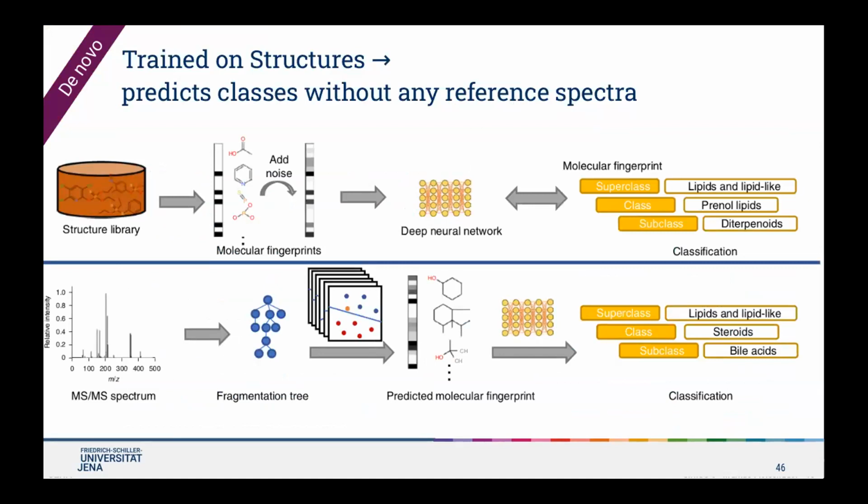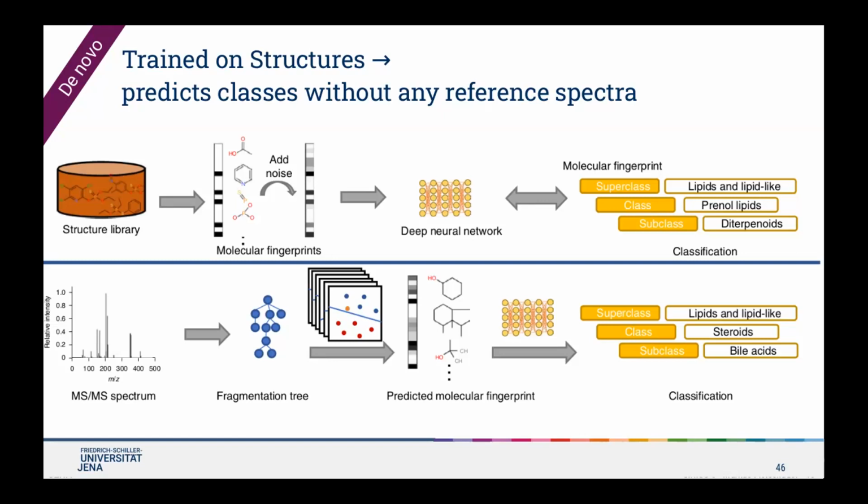I just want to mention one thing that is a bit special for Canopus: since it gets our predicted molecular fingerprint as input, we have the possibility to train Canopus on structure databases instead of spectral libraries. That means we can predict compound classes with Canopus where we do not even have reference data, which is, I think, a pretty cool thing.